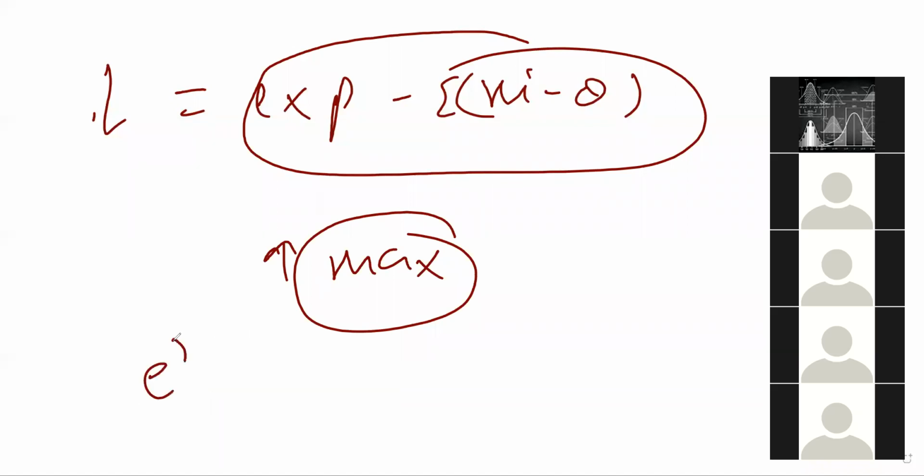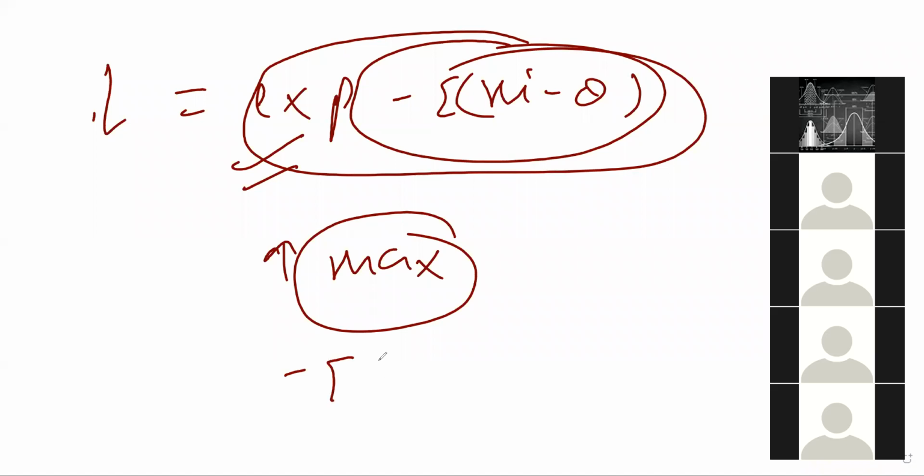One thing, tell me everybody: e raised to x is an increasing function or a decreasing function? It is not related to this question, just a simple question. It is an increasing function. So I am deriving that if e raised to x is an increasing function, then this will take its maximum value when the exponent takes its maximum value.